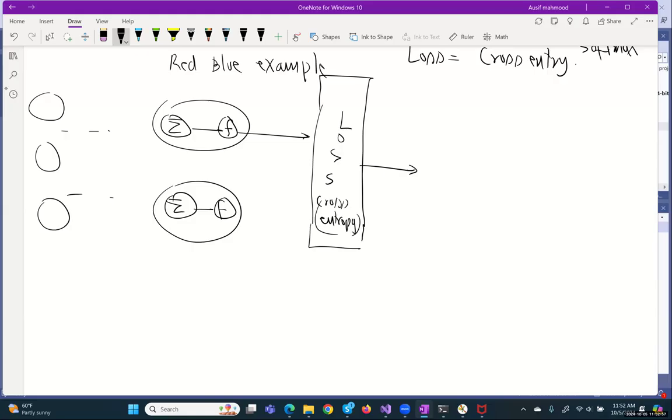To make it easy to understand, let me call this lowercase s0, this lowercase s1, and these lowercase a0 and lowercase a1.